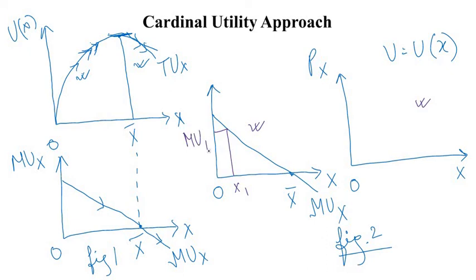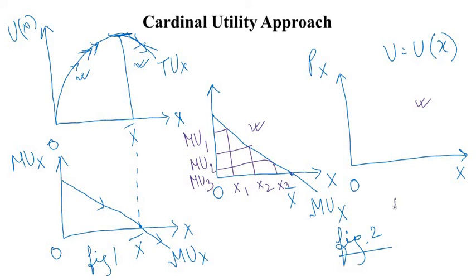As the consumer consumes X2 units, his consumption increases, marginal utility is MU2. When he is consuming X3 amount, his marginal utility is MU3. The negative section of the marginal utility curve is not important because we will only consider the positive portion of the marginal utility curve, where it is equal to the demand curve.